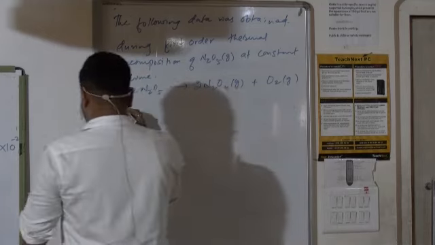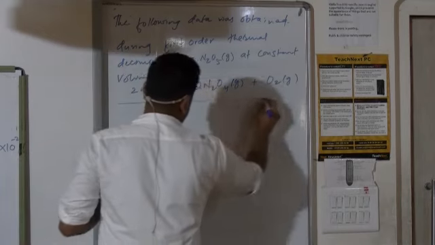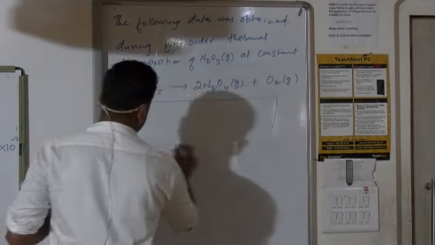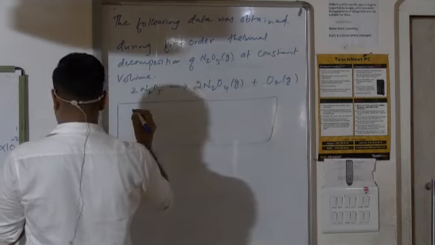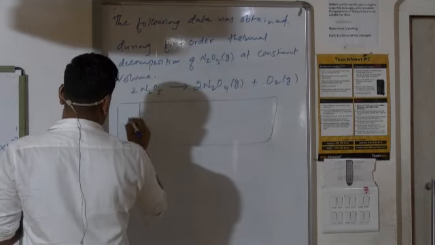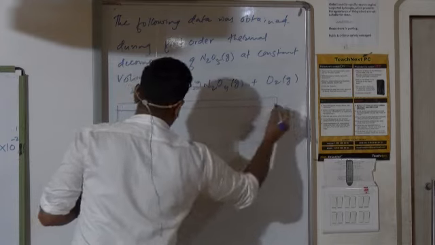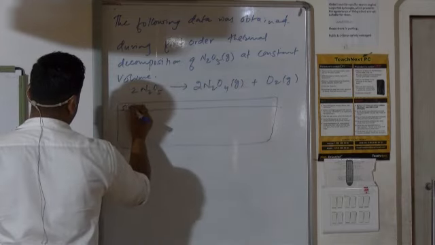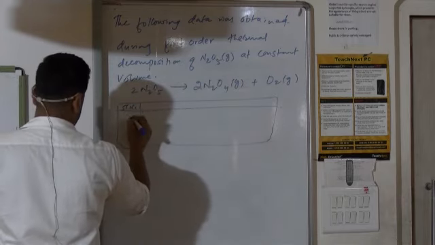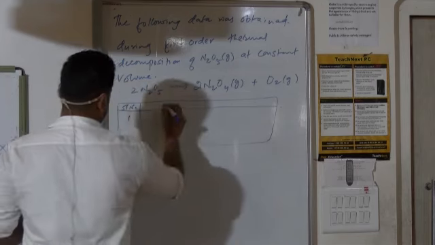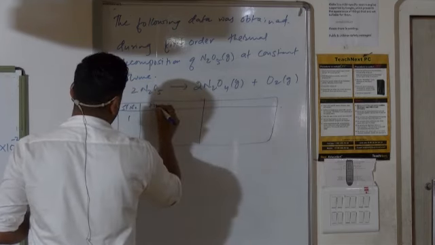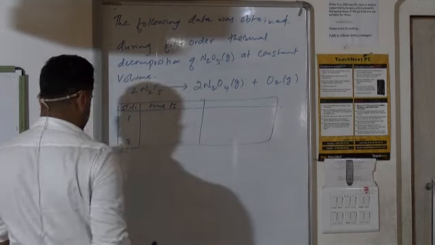And the data given is, let me draw a simple table. The data is like this: 1 and 2. Time in terms of seconds.